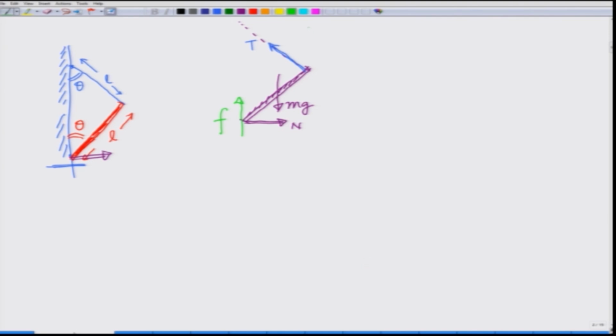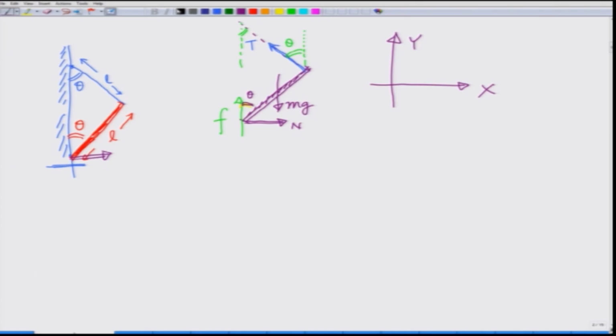The angles are going to be theta here, because this is theta here, and theta here. Let me show it by purple, theta here. Let me take this direction to be x and this direction to be y.